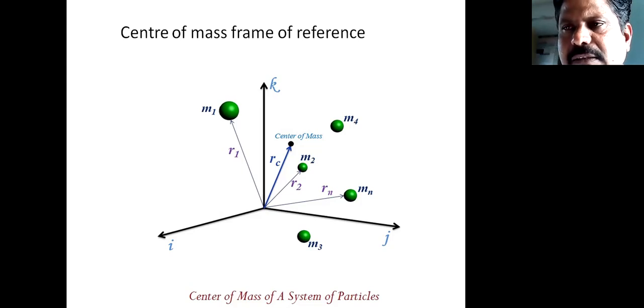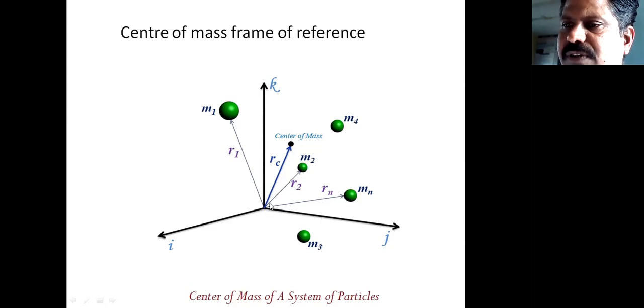And here, in the center of mass frame of reference, the center of mass of the system is to be taken as the frame of reference. So see here, I have particles M1, M2, and M3, up to Mn, existing inside a system. And i, j, k is your Cartesian coordinate system.